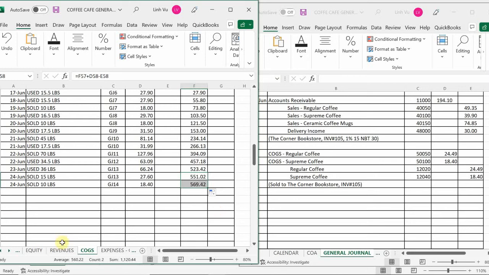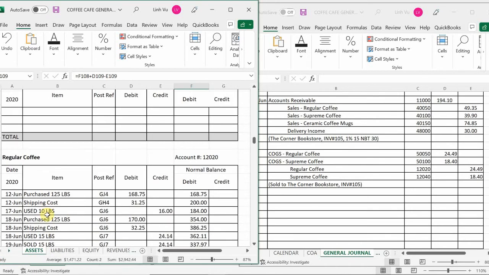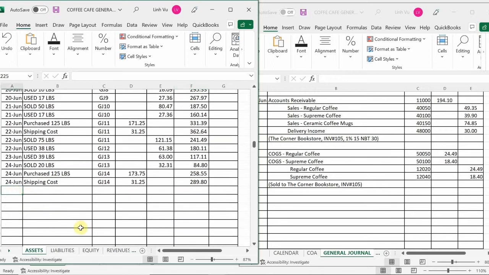Then we need to go to my inventory to actually update it. So here's my regular coffee, for 24.49.